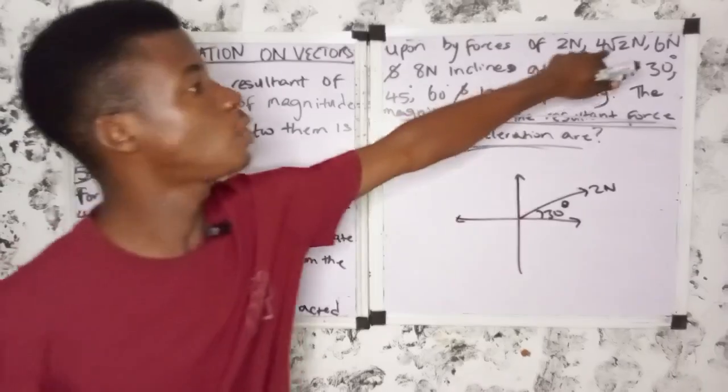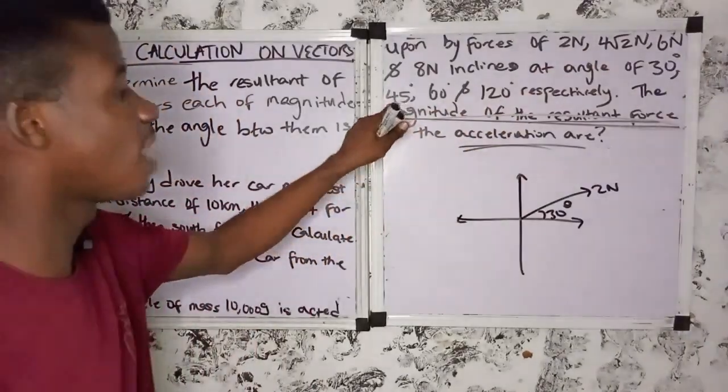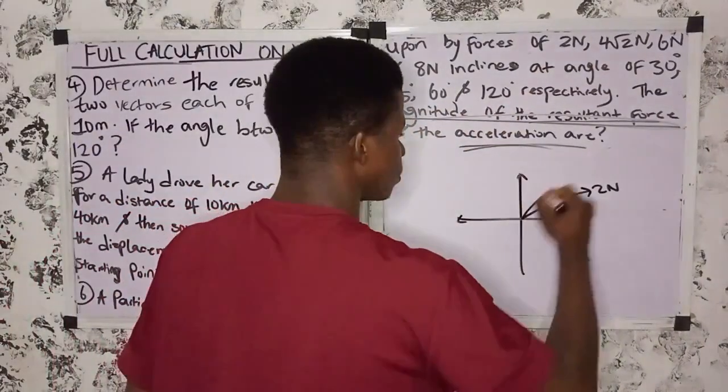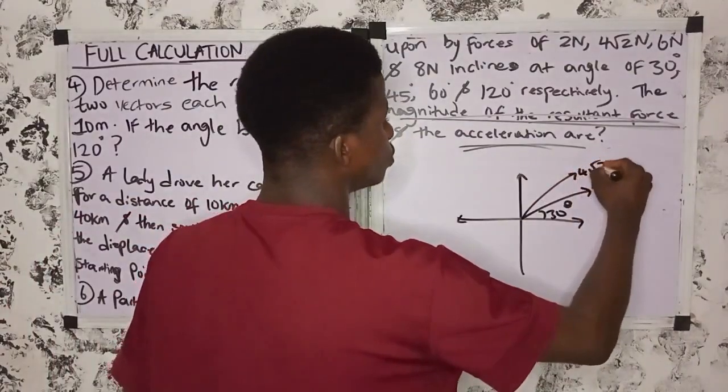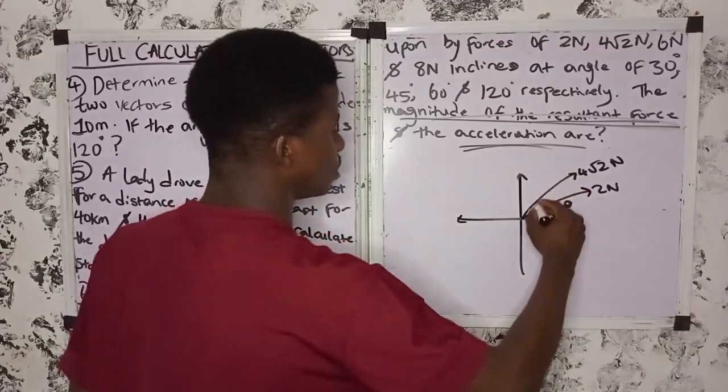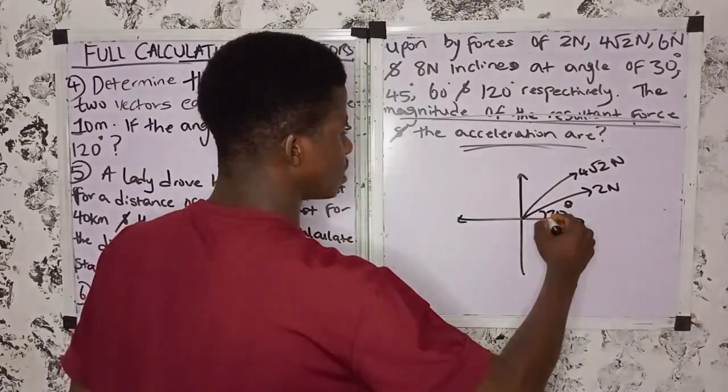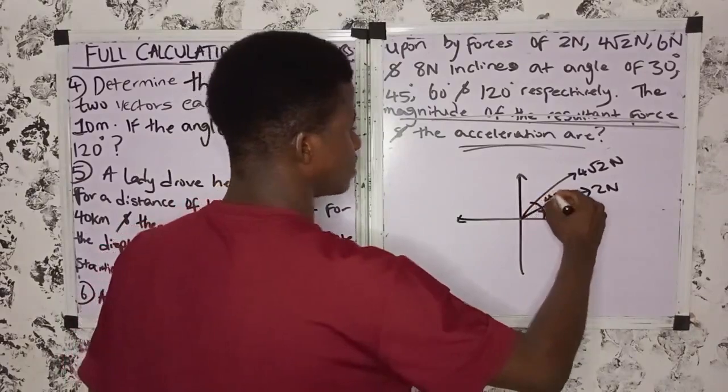Then 4 root 2 Newton at 45 degree. From here to here is at angle 45 degree.